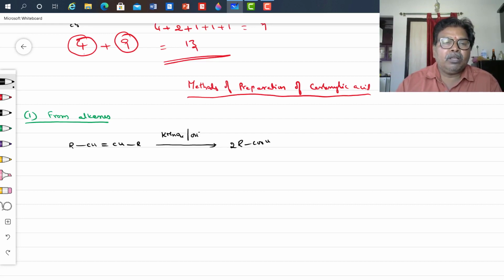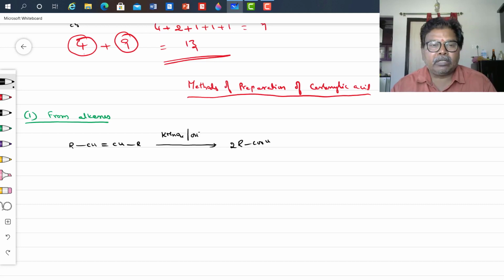Now, how to remember the product? That is important here. The method of preparation of carboxylic acid from alkenes is not at all an important point. The important point is, if any alkene is given to you and is treated with acidified or alkaline potassium permanganate solution, then how to identify the product?